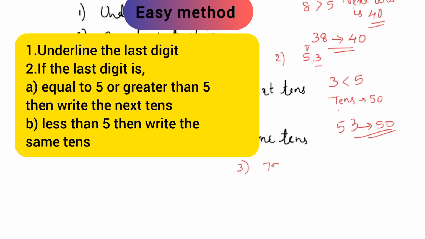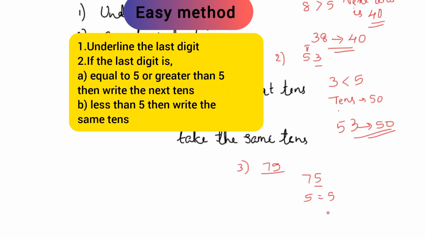Next question is 75. For rounding this number, we can use the same steps. That is, here the last digit is 5. Clearly we can use the A part of the second step. That is, the last digit is equal to 5. So what we do?